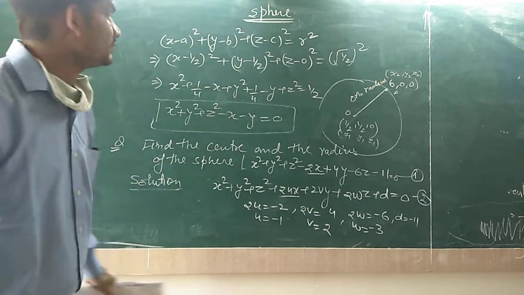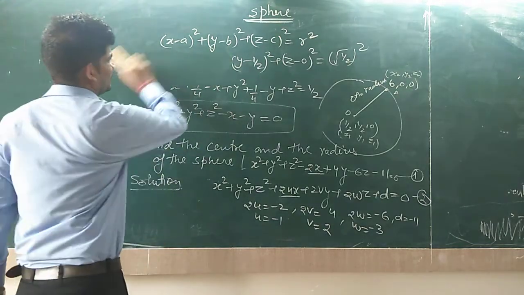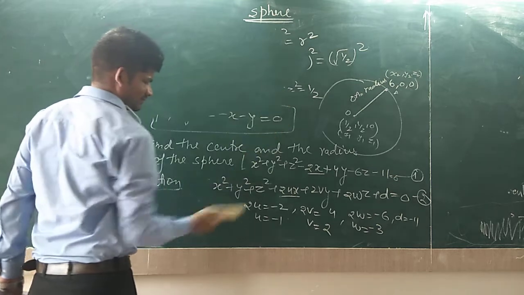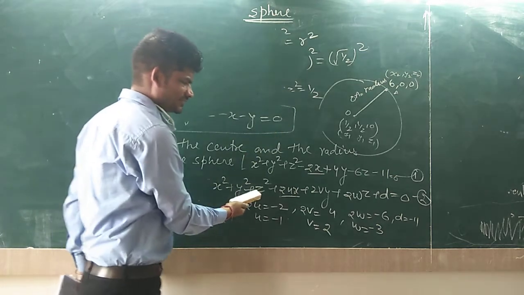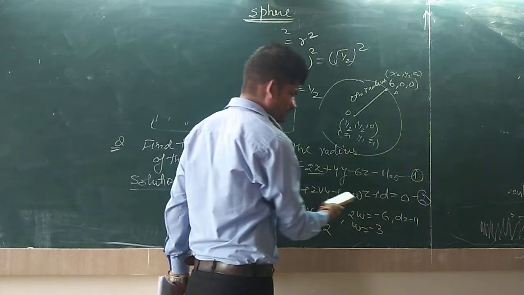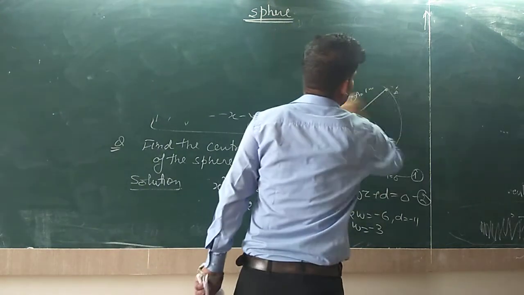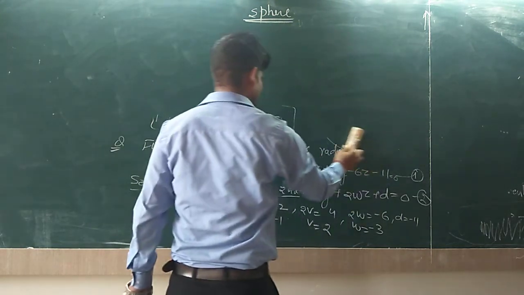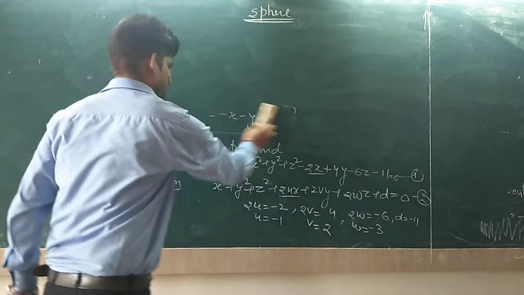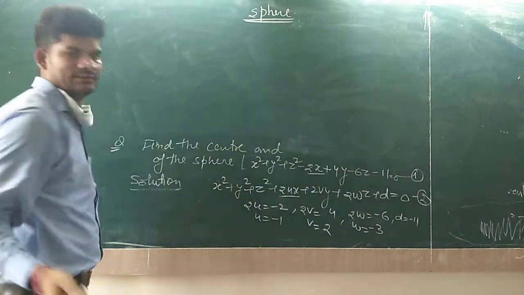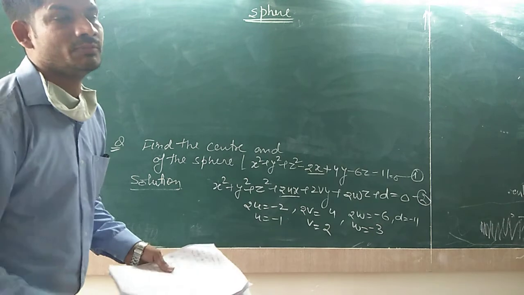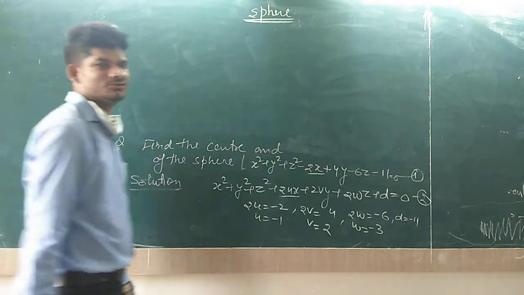The center of the sphere x square plus y square plus z square plus 2ux plus 2vy plus 2wz plus d is minus u, minus v, minus w, and the radius is under root u square plus v square plus w square minus d.